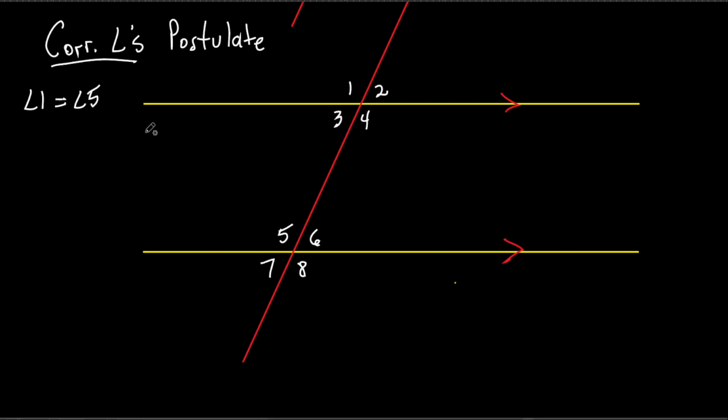Okay. And then, let's list all the corresponding angles that are equal to each other. So angle 2 is going to equal what? Angle 6. Angle 3 is going to equal angle 7. And angle 4 is going to equal angle 8. That's really helpful because you have a feeling right now already what they're going to ask you on a quiz or a test, don't you?